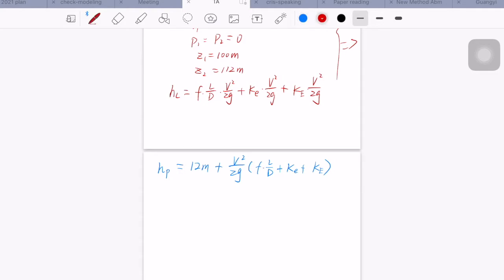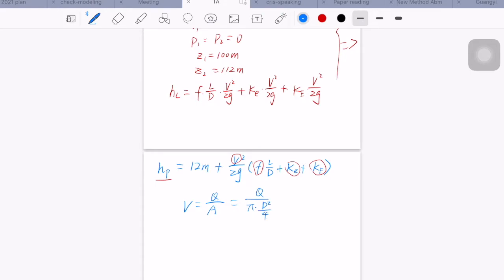And to find the HP, we need to calculate the velocity in the pipe and the friction factor and the coefficient, these two coefficient factors. So we know that V should be equal to Q divided by A, which equals Q divided by pi times D squared over 4.